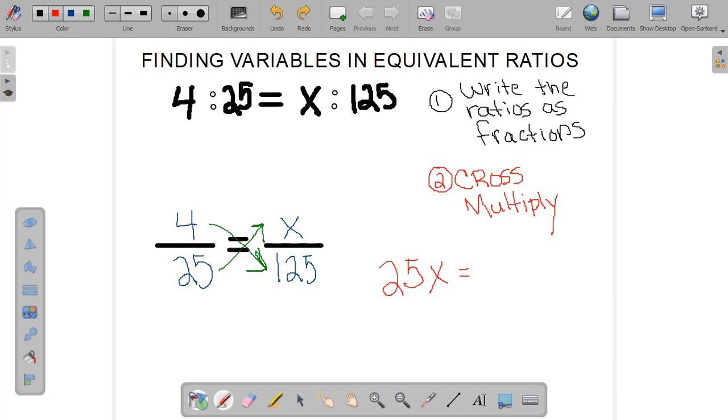Anybody want to attempt that one? Can I do mental math? Do mental math. What's 4 times 100? 400. If you can do it that way, that's fine. I'm trying to give you an easier way to do it. Okay, I just want to try it this way.